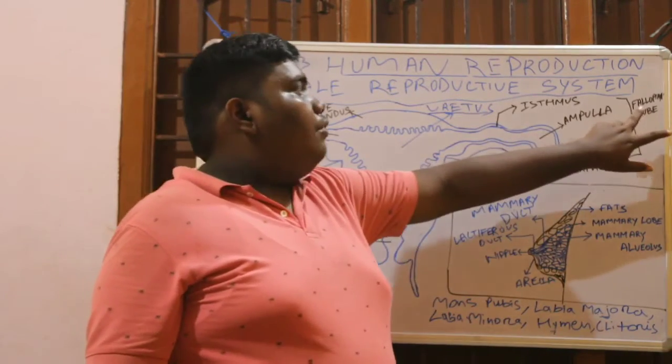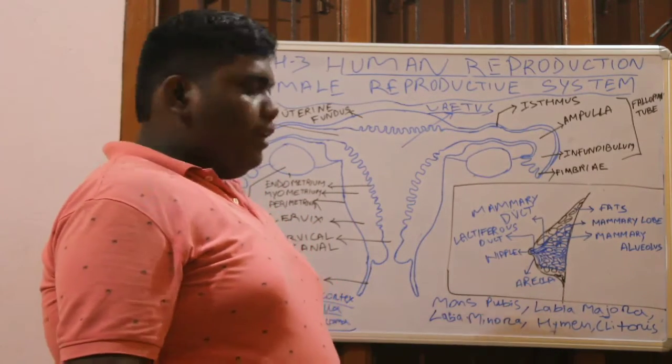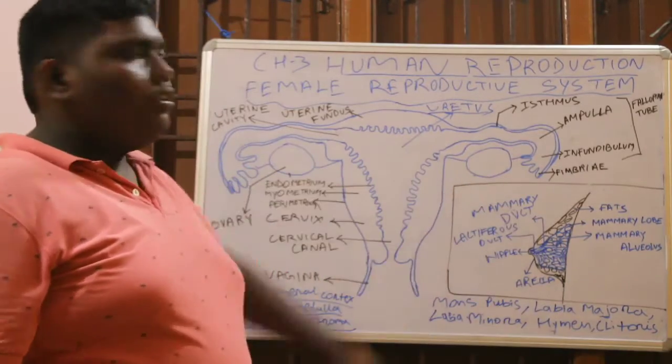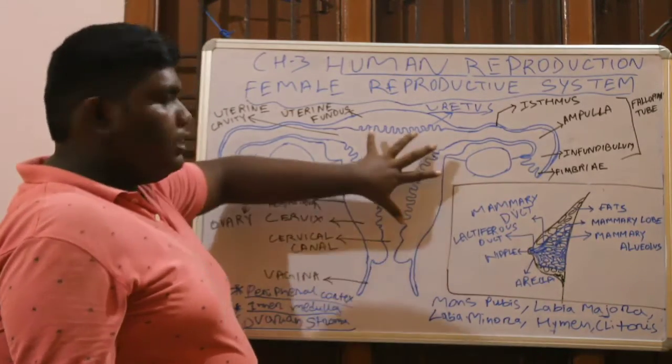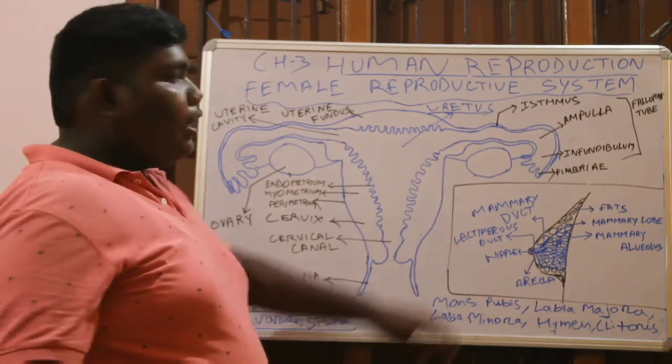Okay, I forgot to mention, the fallopian tube is 10 to 12 centimeters long and it extends from the ovary to the uterus. Now, this is the uterus part, we will discuss the uterus.